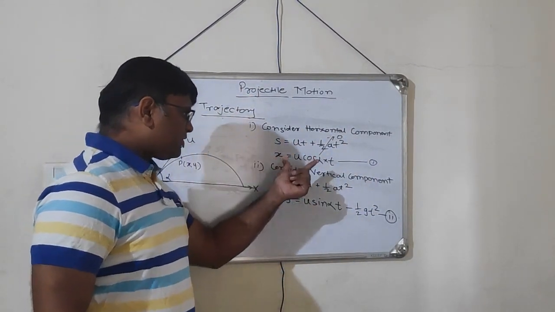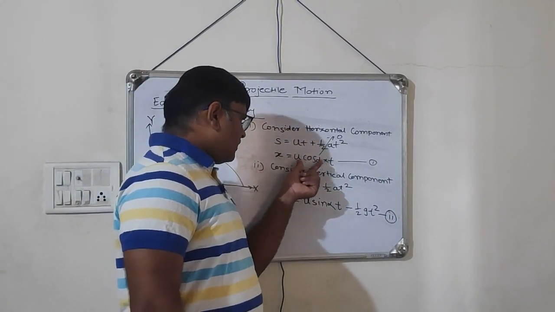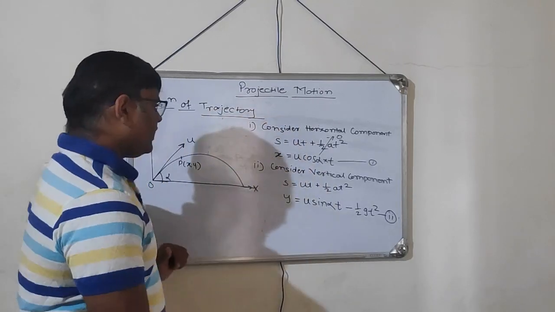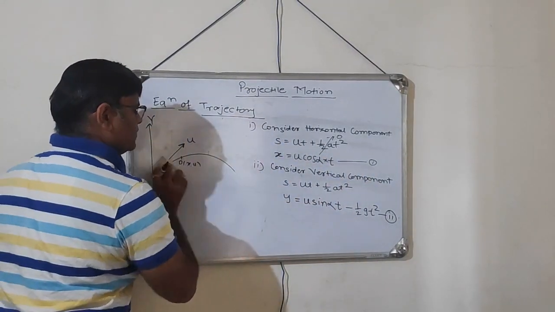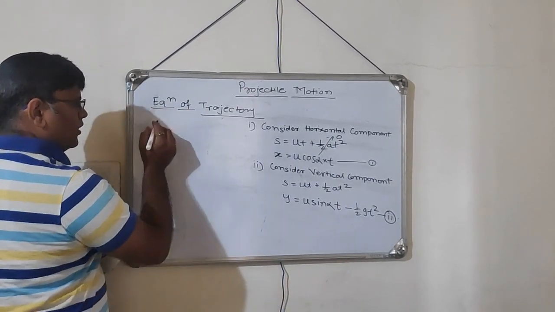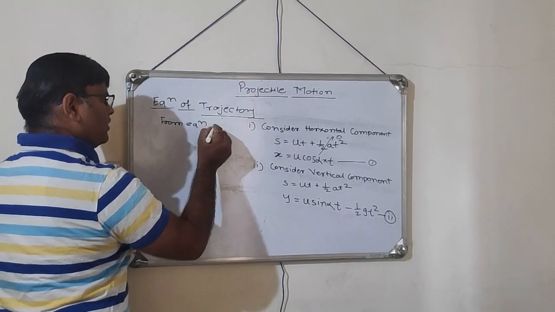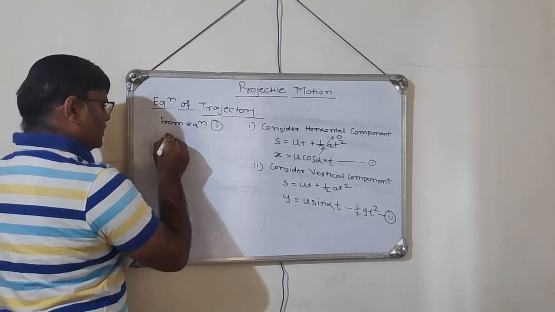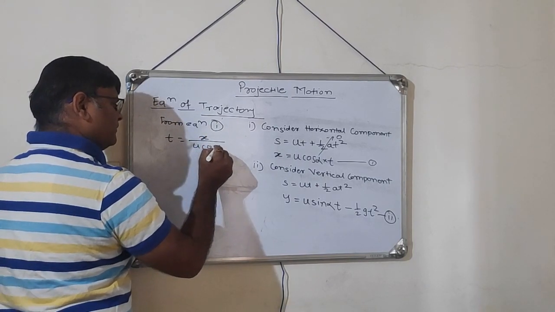Now you just look at equation number 1 and equation number 2. From equation number 1, I can write t = x divided by u cos alpha.